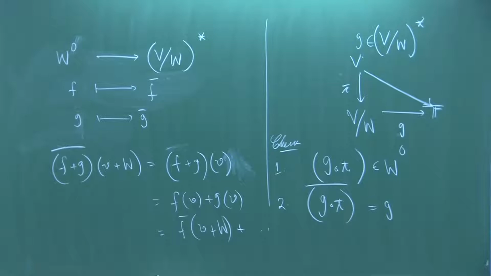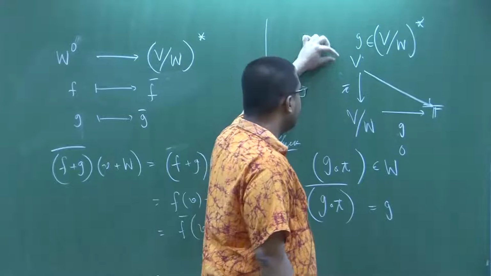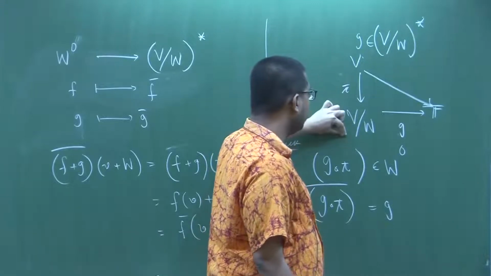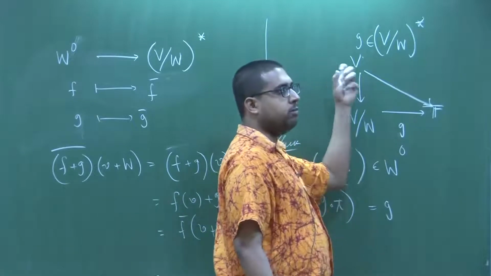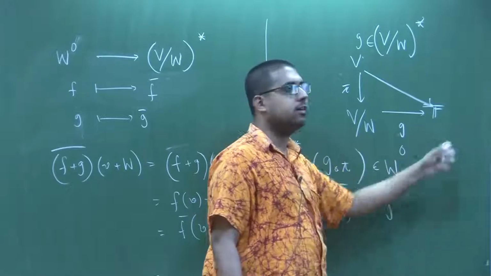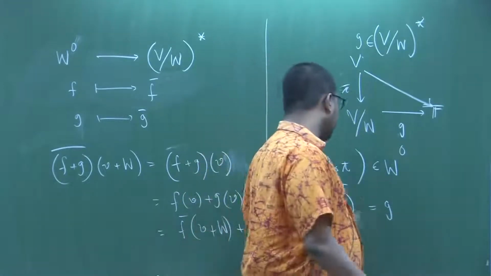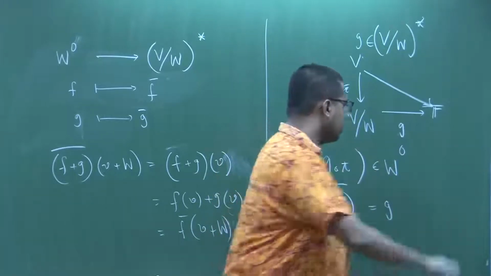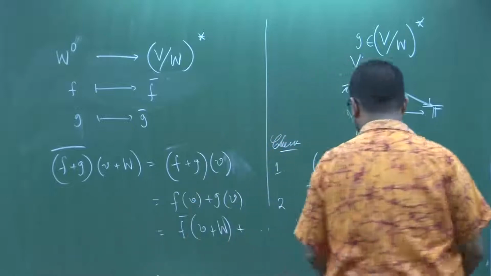For example, if you take any vector small w from capital W here, w goes to 0 in V mod W, and then since g is linear, ultimately it goes to 0. So, this actually vanishes at every point of W. This checking is trivial. Now, we have to make sure of the other one. How is this defined?